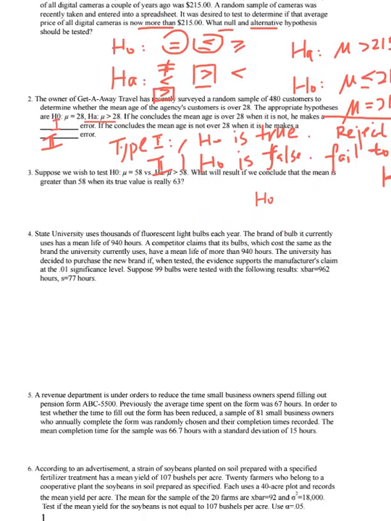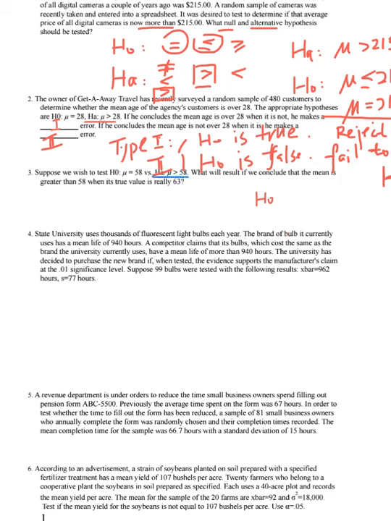Number 3, our H0 is mu equal 58, and our HA is mu bigger than 58. What will result if we conclude the mean is greater than 58? We conclude the mean is greater than 58, so that means we conclude HA.